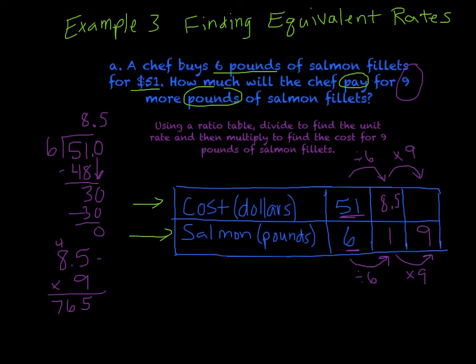I have 1 decimal place, so I'm going to move from here over 1 time, and I should come up with 76.5. So my answer will be the chef will pay $76.50 for 9 pounds of salmon fillets.